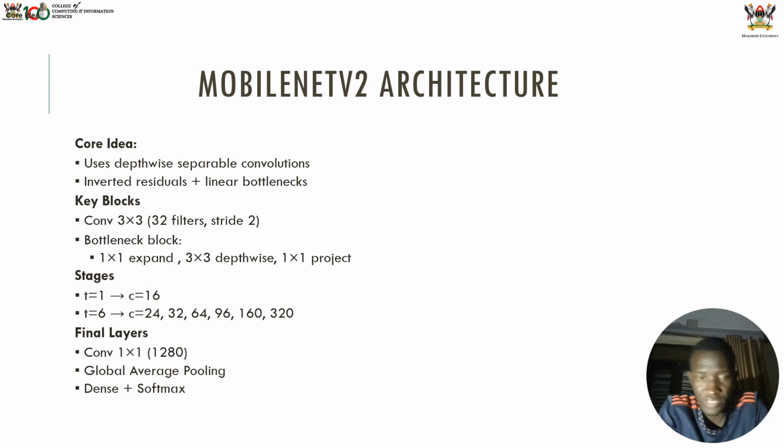That gives the model better insight to learn how the pattern flows in our cells. So we have our key blocks: the conv 3 by 3, which is composed of 32 filters and stride 2, and the bottleneck block, which is composed of a 1 by 1 expand, a 3 by 3 depthwise, and then a 1 by 1 project.